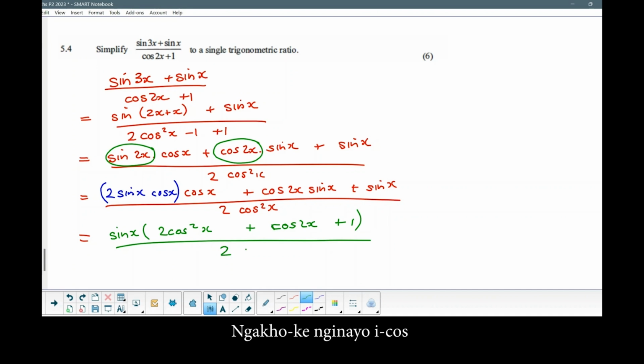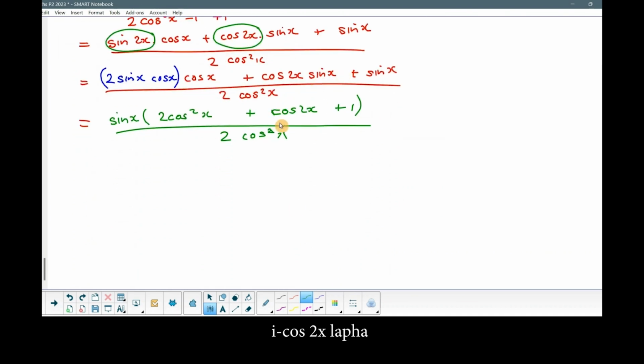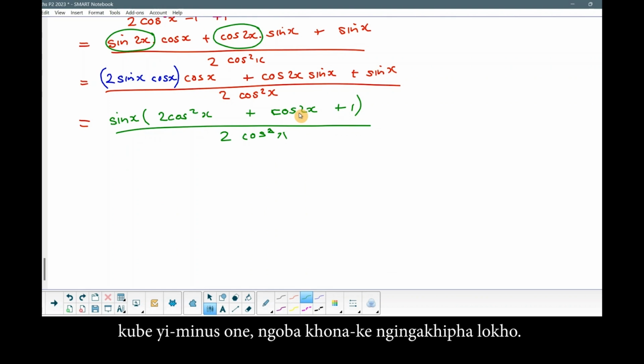So I've got 2 cos squared x there. Right, I am going to choose to expand this cos 2x here to one that has a negative 1, because then I can get rid of that.